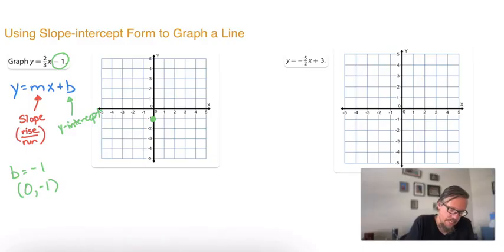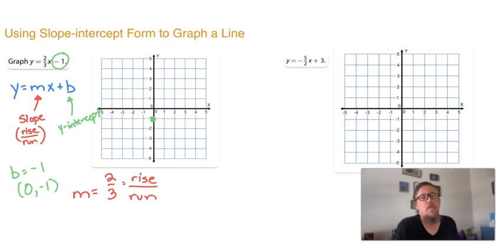The m in this problem is the 2/3, and that is our rise over run. So we have a rise of 2 and a run of 3, meaning from this y-intercept of -1, we go up 2 spaces, or up 2 units, and over 3 spaces, or 3 units.